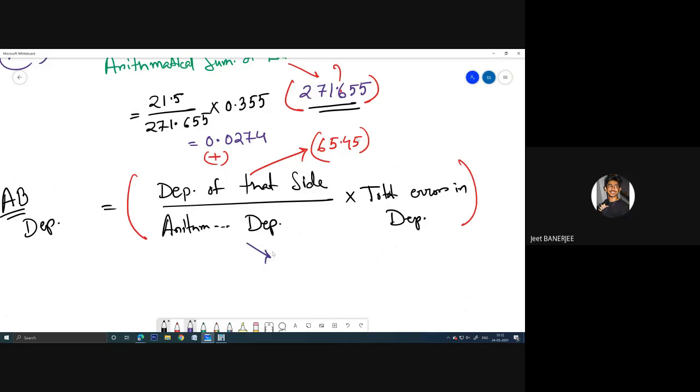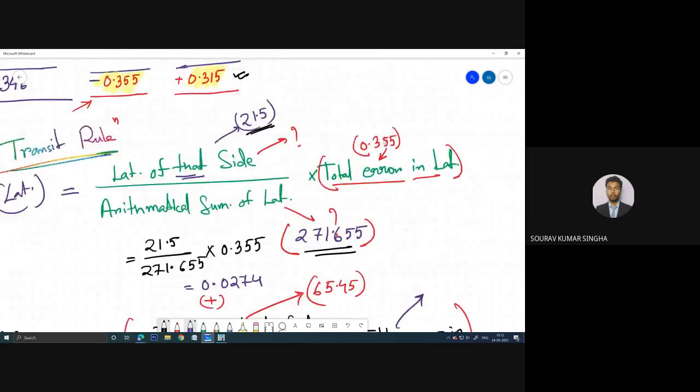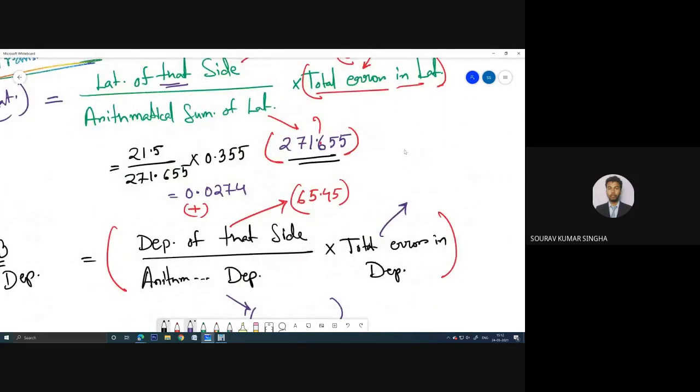And the arithmetical sum is the same, just add all the values without considering the sign of the departure column, and the total error in departure is the same as the previous one. I think it is 0.315.